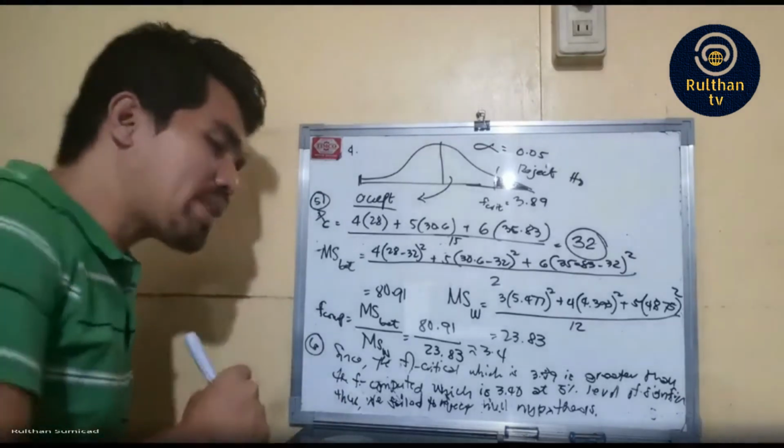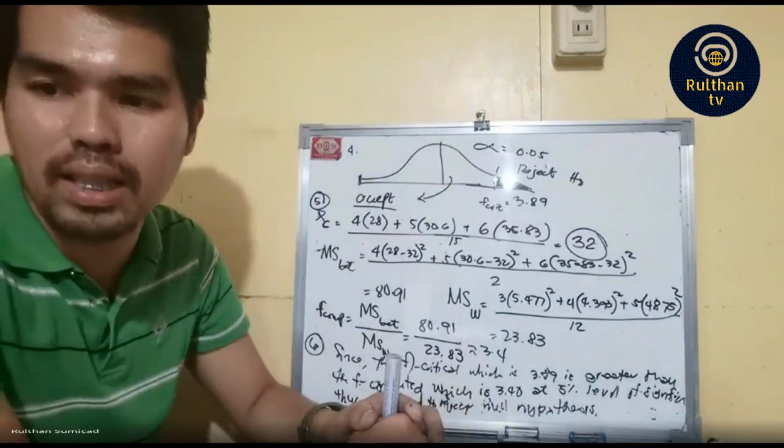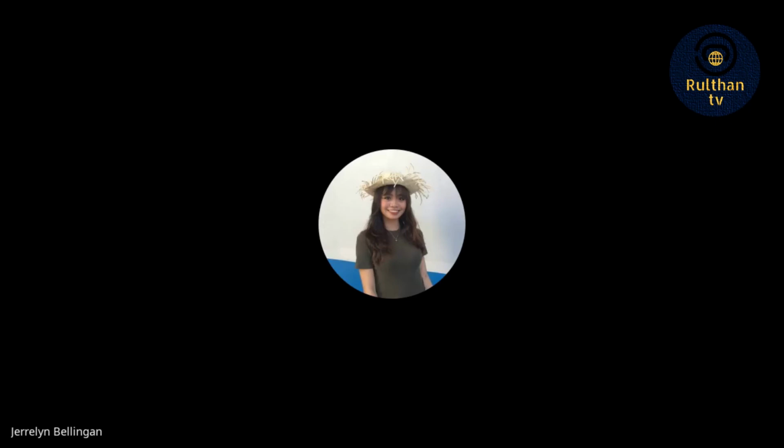Okay, now with that, what is your conclusion? Can somebody formulate a conclusion now based on the given? Since the null hypothesis failed to be rejected at 0.05 level of significance, it implies that statistically the means of the groupings are the same.